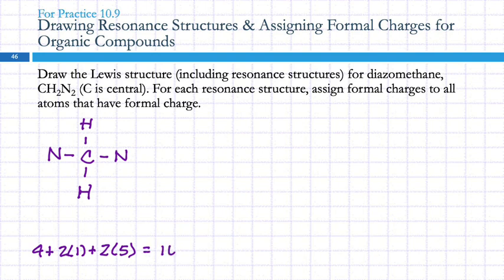Did I do that right? So 2, 4, 6, 8, 10, oops, 12, 14, 16, ran out of electrons.